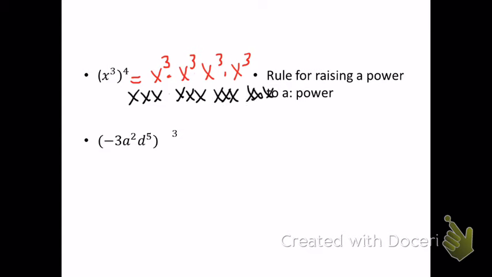So how many x's do we have altogether if we multiply these up? X to the 12. So raising a power to a power, we would multiply exponents. Okay.